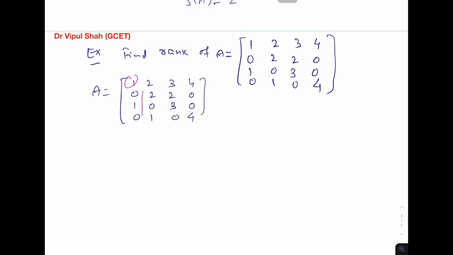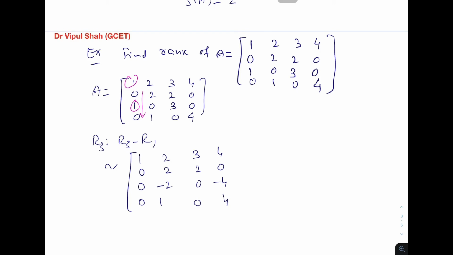So already we have two entries that are 0, so we need to make only this one 0. So R3 minus R1. So this is 1, 2, 3, 4, 0, 2, 2, 0. Now minus R1 plus R3, so 0. This is minus 2. This is 0. This is minus 4.